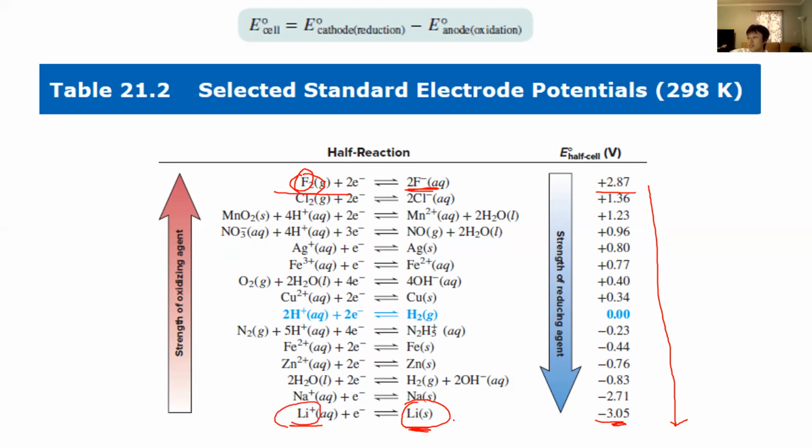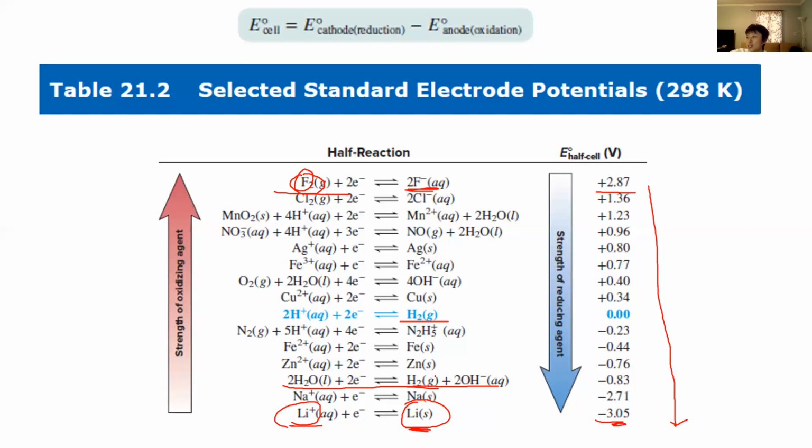Based on this, we can compare the reactivity of different metals and see whether they can replace hydrogen from acid or from water. If this metal is below this equation, then when you add it into water, you can replace hydrogen.